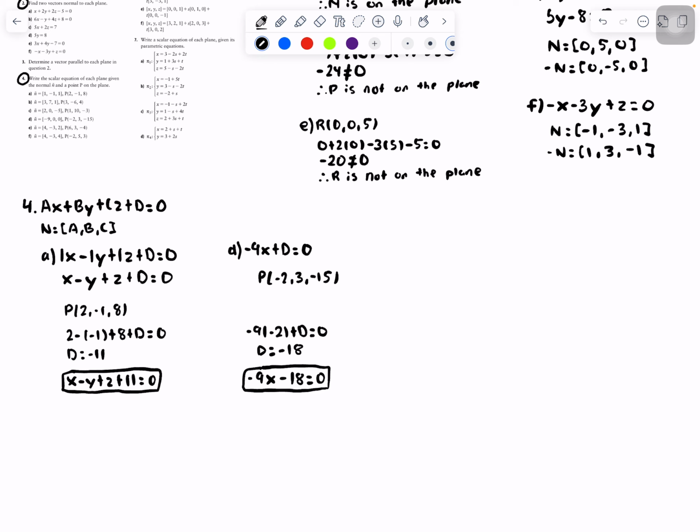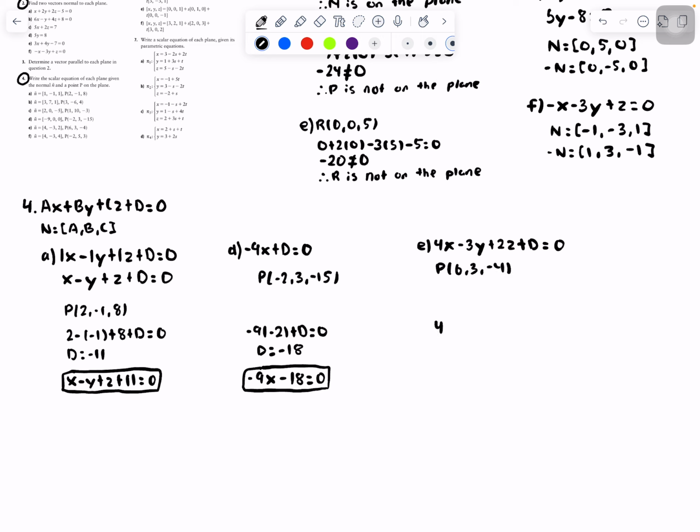Let's do e. The normal vector is 4, -3, 2. So the scalar equation then would be 4x minus 3y plus 2z plus d equals 0. Our known point on the plane is 6, 3, -4.